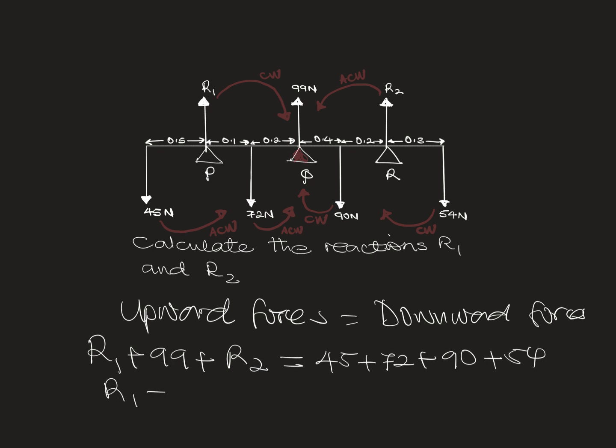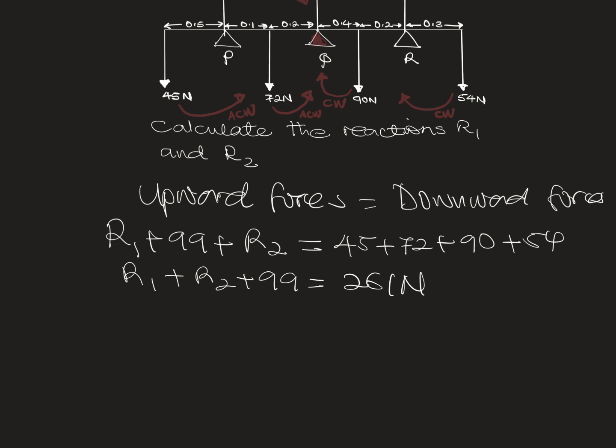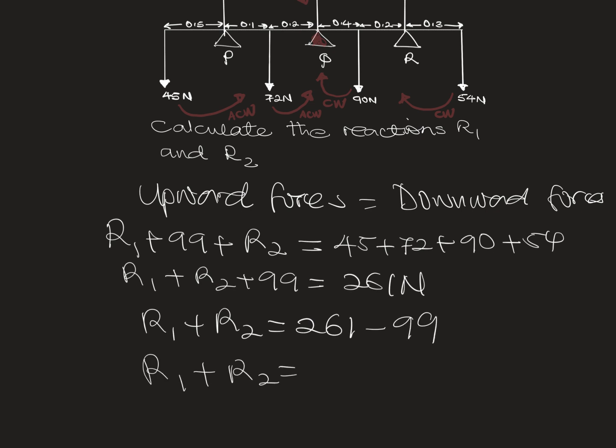So R1 plus R2 plus 99 is equal to 45 plus 72 plus 90 plus 54, which is 261 newtons. Collecting like terms, R1 plus R2 is equal to 261 minus 99. R1 plus R2 is equal to 162 Newton. I can call this equation 1.